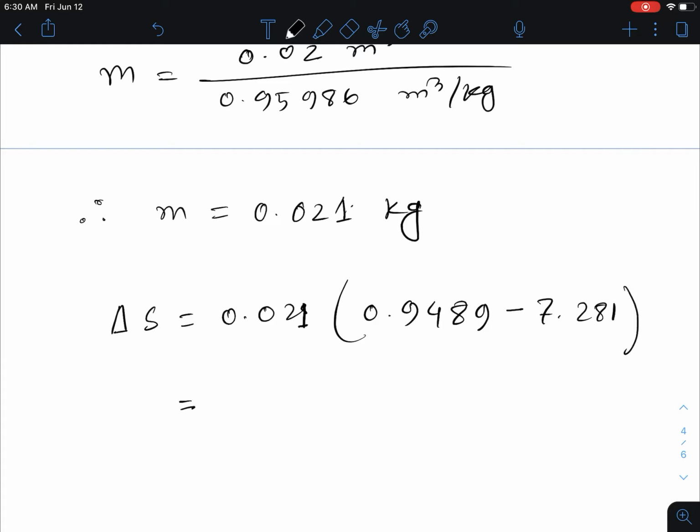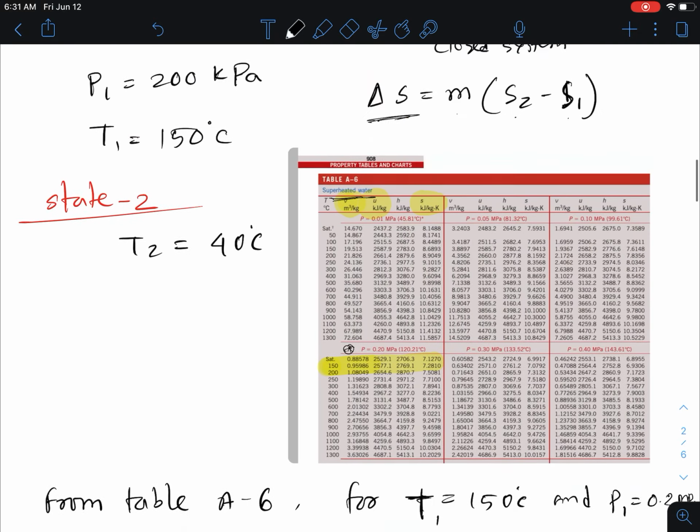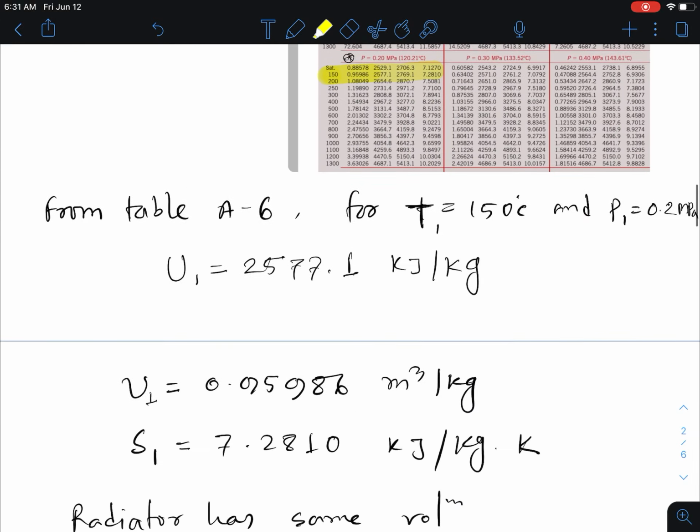So the total entropy change, delta S, equals negative 0.133 kilojoule per Kelvin, right? So this is the answer, the entropy change for the system. Now let's check the answer here. Here the entropy change is 0.132, and we got 0.133, it's the same, right?